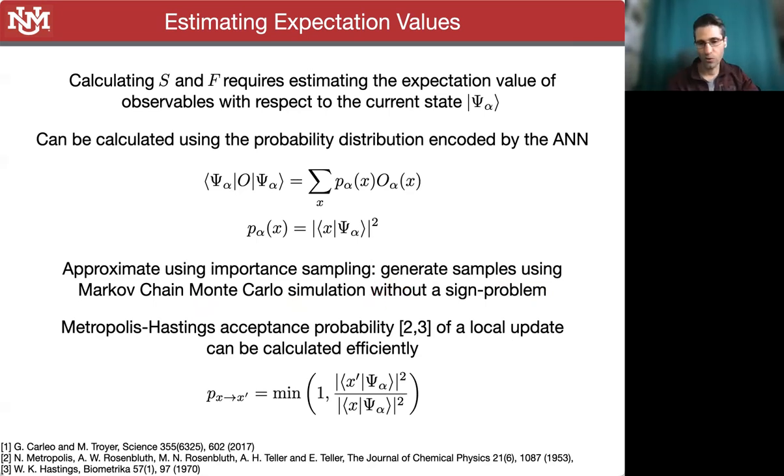Basically, we pick a Metropolis-Hastings acceptance probability that's the ratio of these probabilities. And because our ANN is like an RBM, so it's like an Ising model, calculating this ratio is very easy, or we can do it very efficiently, when the spins are updated one spin or k spins at a time.